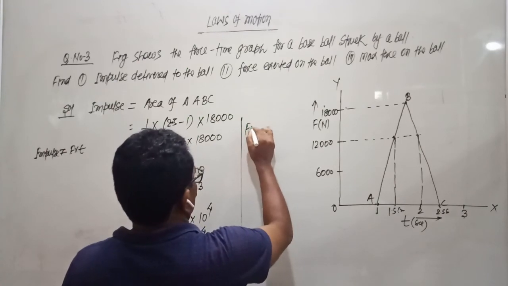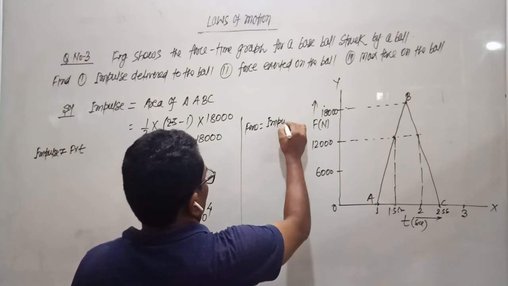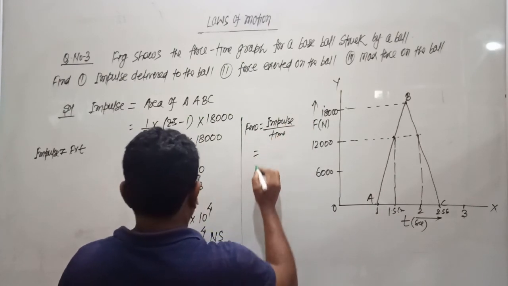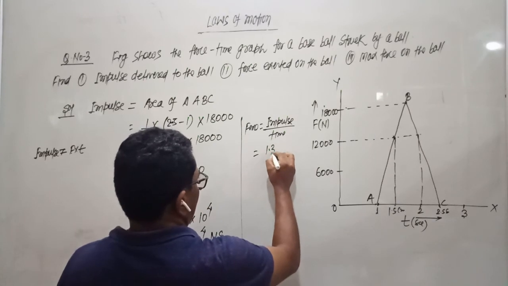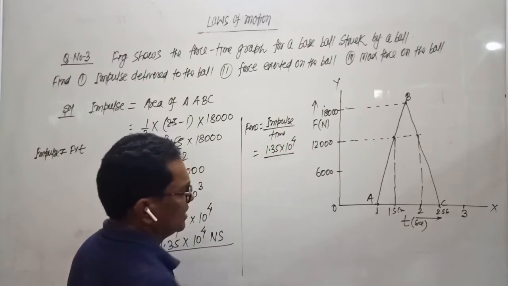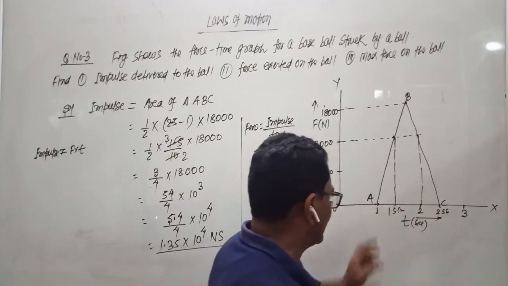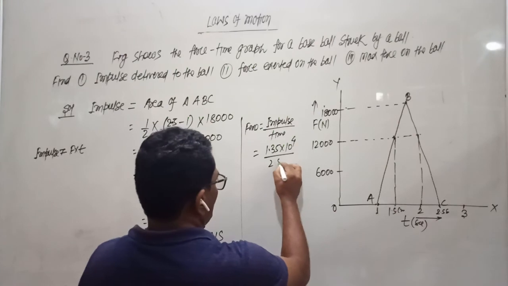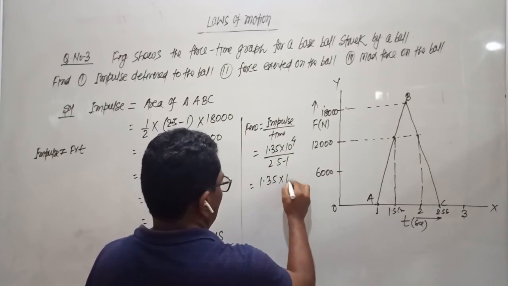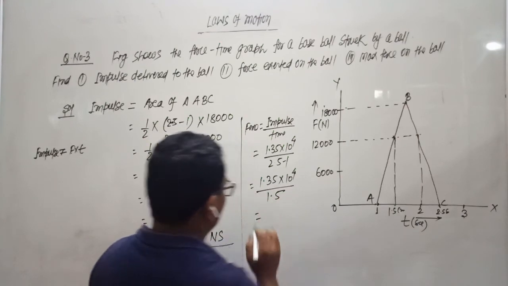The impulse we calculated is 1.35 into 10 raised to the power 4, and the time duration is 2.5 minus 1, which is 1.5.